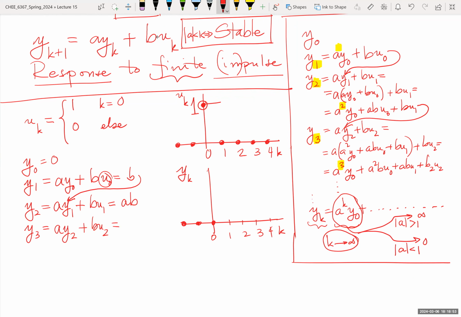Help me with this. a squared b, and you see the pattern now, right? It's fairly straightforward. So for this experiment, yk will be equal to what? a to the power k b.